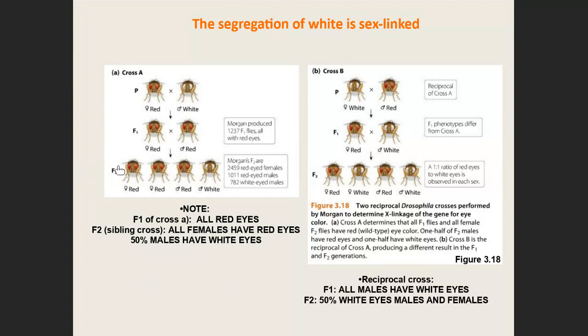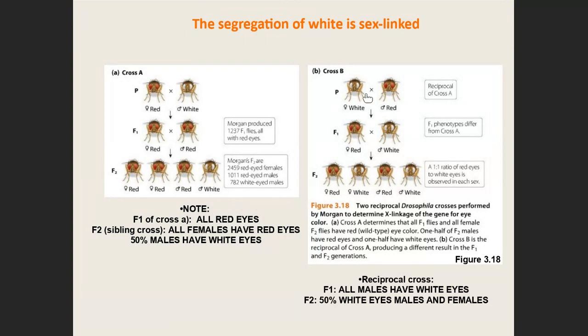Okay, so all the females have red eyes, and of the males, half have the wild type phenotype and half have the white eye. So you can immediately see here an imbalance in the recovery of the phenotype in terms of male versus female. So this is already an indication it's sex-linked.